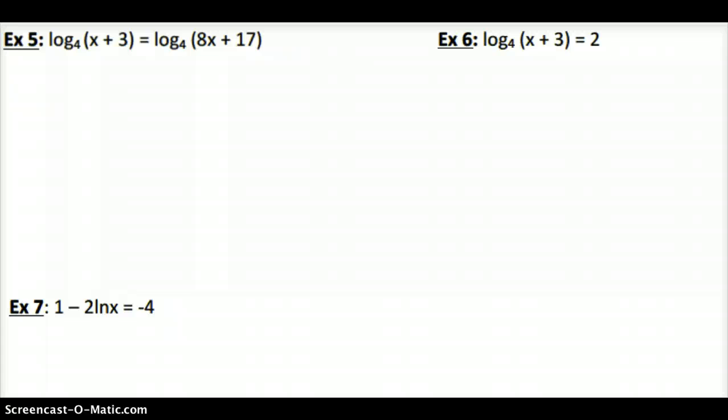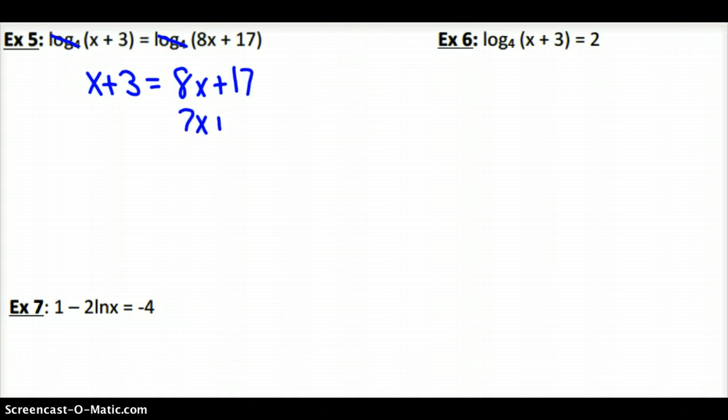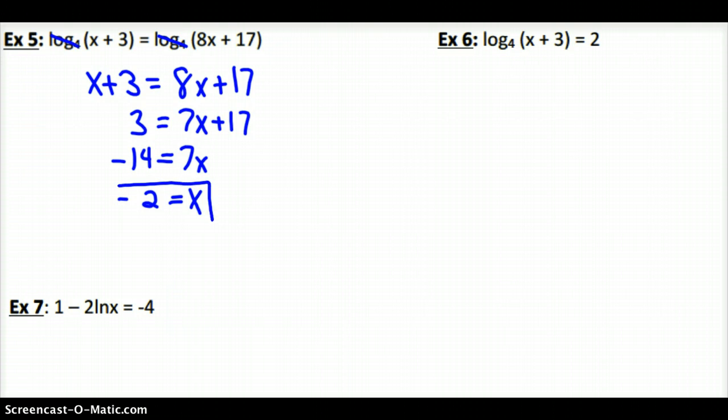If log base 4 of x plus 3 equals log base 4 of 8x minus 17, that means I can ignore the log parts and say x plus 3 has to equal 8x minus 17. So subtract x from both sides, subtract 17 from both sides, divide both sides by 7, and I get x is negative 2.